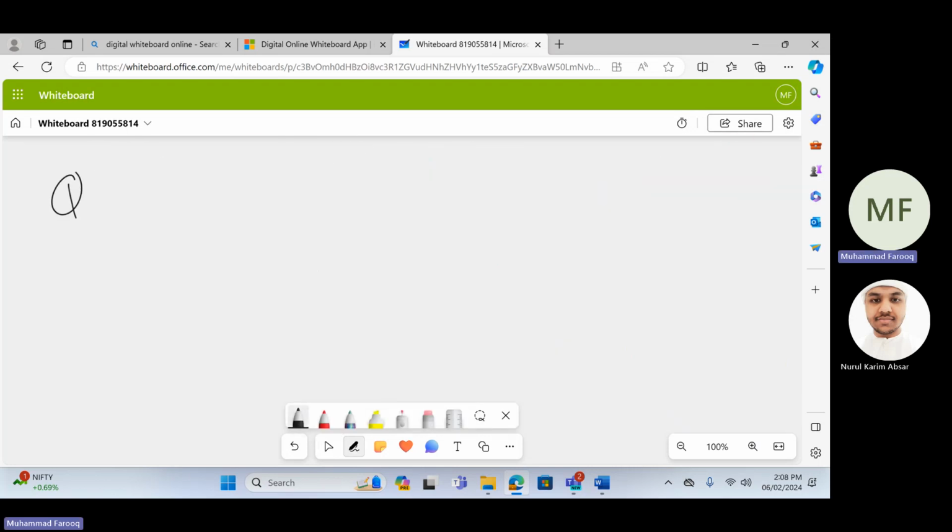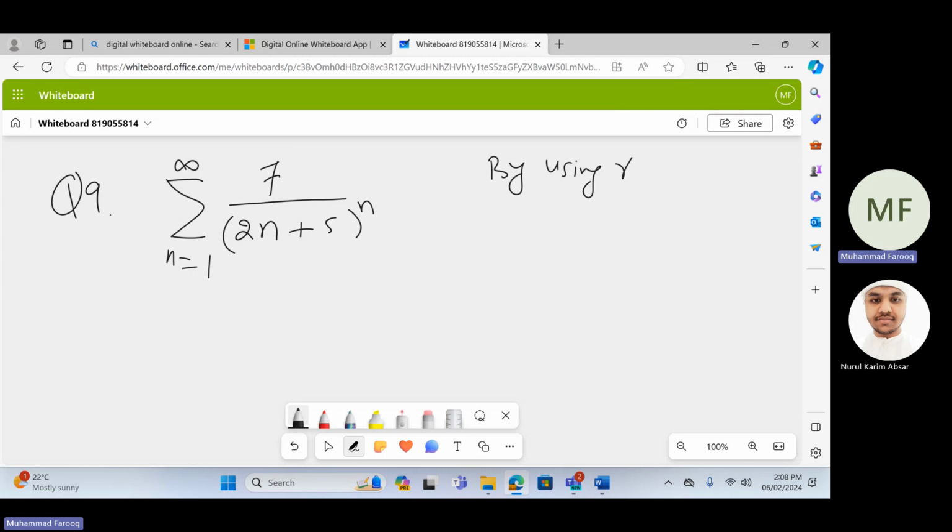Question 9: sigma n equals 1 to infinity of 7 divided by 2n plus 5, raised to power n. Please use the root test. We know very well what the calculation of the root test is.